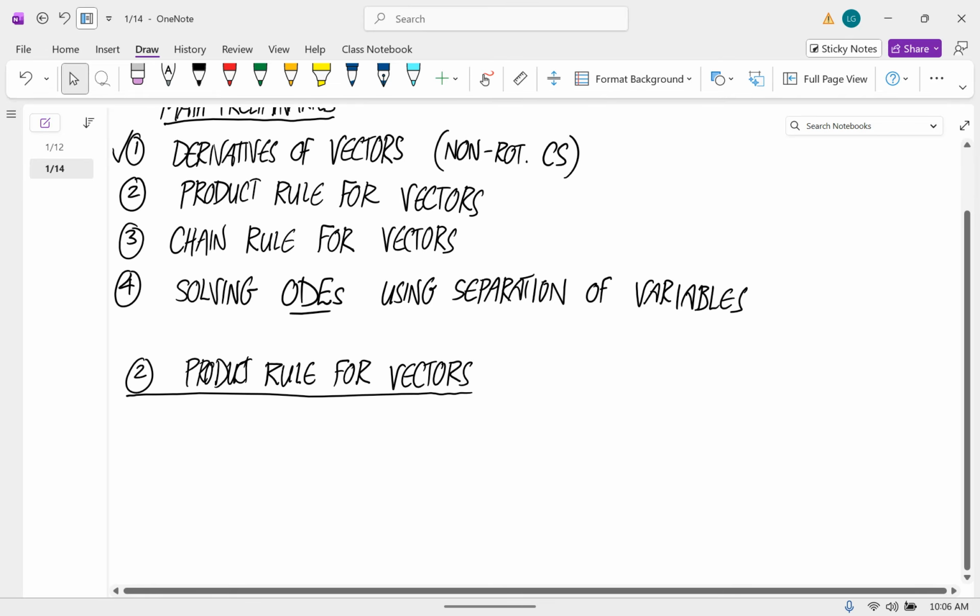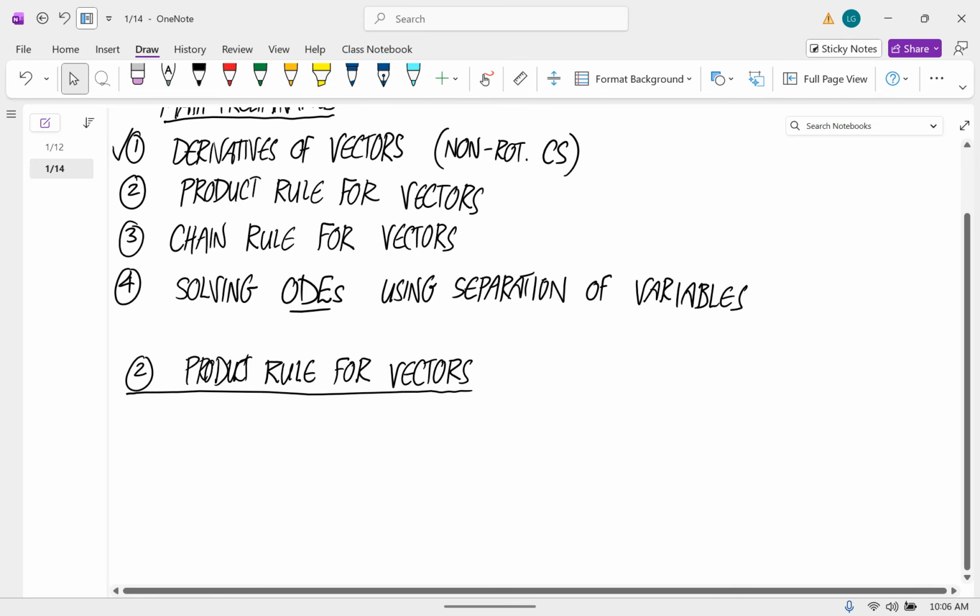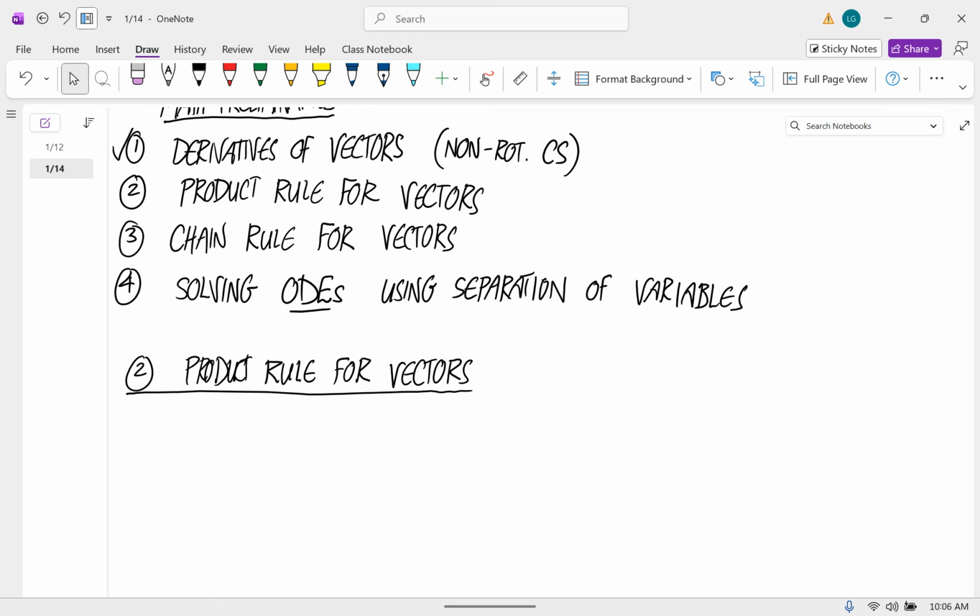Okay, so the product rule for vectors. First, the product rule for scalars.